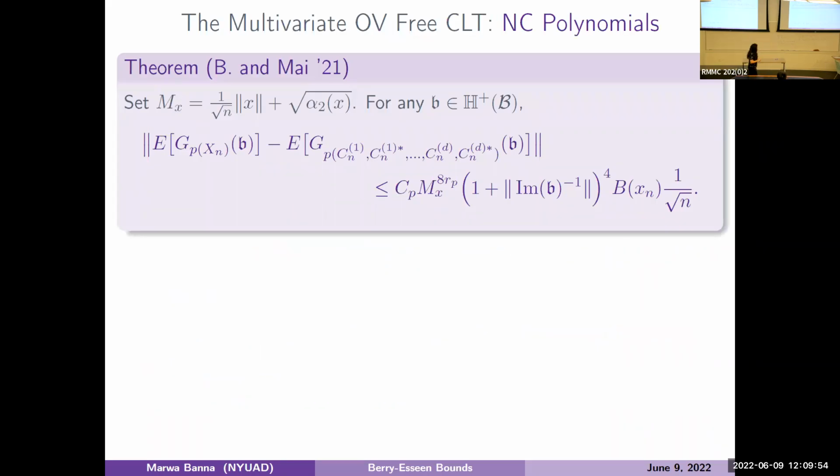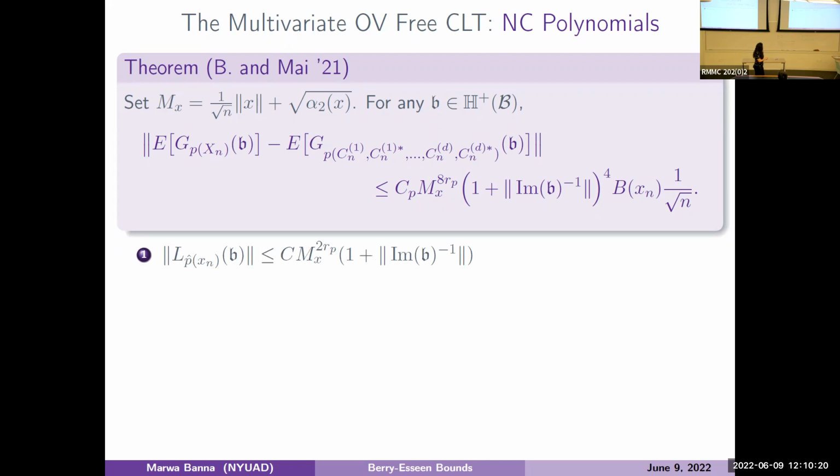But we still obtain the same kind of results, here with an additional term mx, which is 1 over n, the norm of x, plus the moment of order 2. So we now have the operator norm appearing in our estimates, but it's not in the leading term. The leading term here is the moment of order 2. And again, we obtain 1 over square root of n as the speed of convergence.